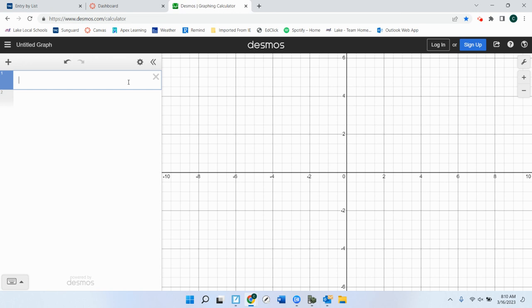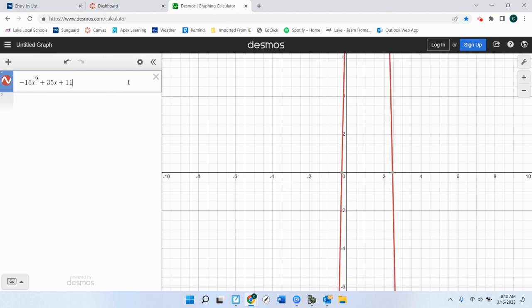If you don't want to, I can just put negative 16x squared plus 35x plus 11. So there's my parabola. And it says, after how many seconds is the skier 18 feet? How do I know when he's 18 feet? Just put in what? Y equals 18.